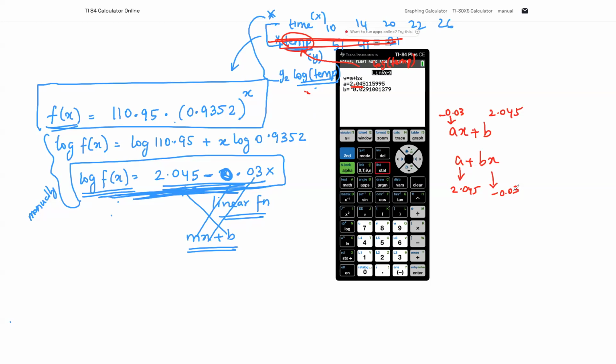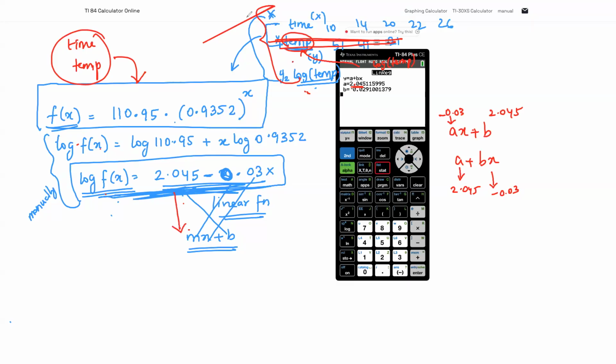Any questions? So, literally you're doing a semi-log plot. Do you see, guys? On a semi-log plot for the same input output values, here you took time and temperature. This was an exponential graph you got. You took log on both sides, converted to a semi-log plot, and you got a linear scale manually.